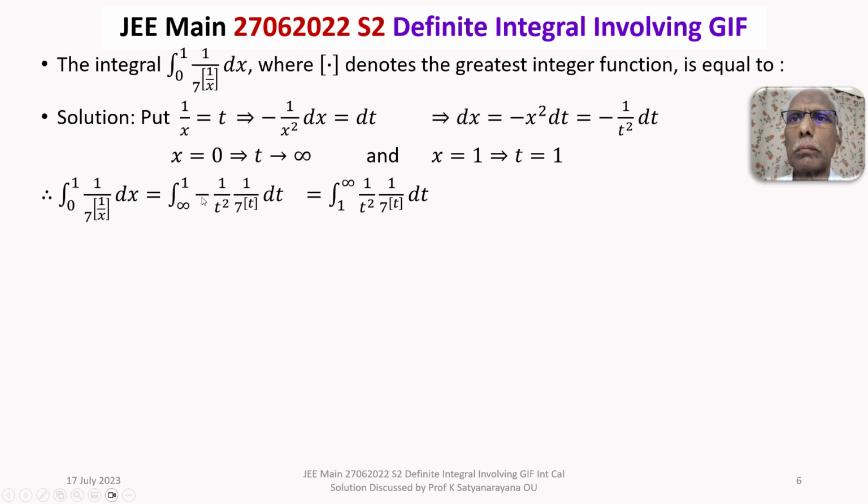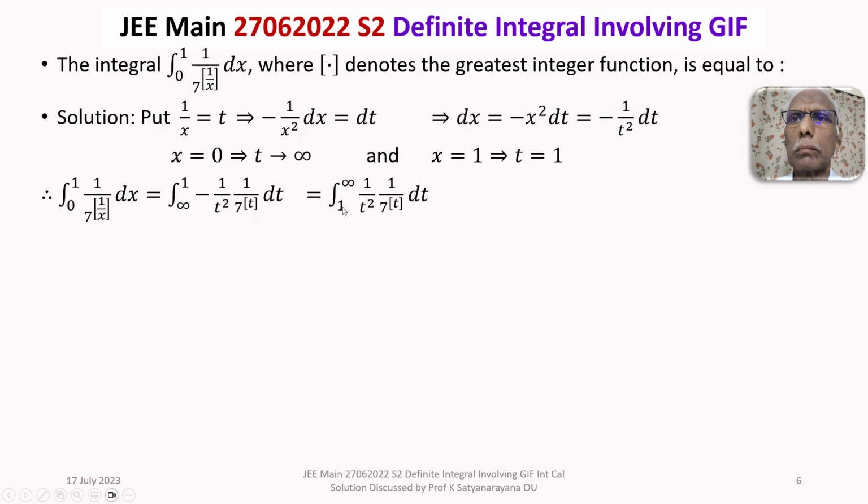And now this minus is taken care of. We have changed the limits, infinity to 1 we have written as 1 to infinity, so that minus will go off. Integral from 1 to infinity of 1 by t square into 1 by 7 to the power of bracket t dt.